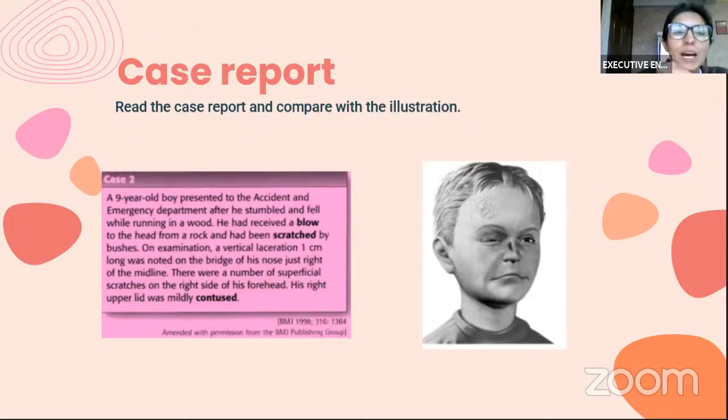He had received a blow to the head from a rock and had been scratched by bushes. On examination, a vertical laceration 1 centimeter long was noted on the bridge of his nose, just right of the midline. There were a number of superficial scratches on the right side of his forehead. His right upper lid was mildly contused.